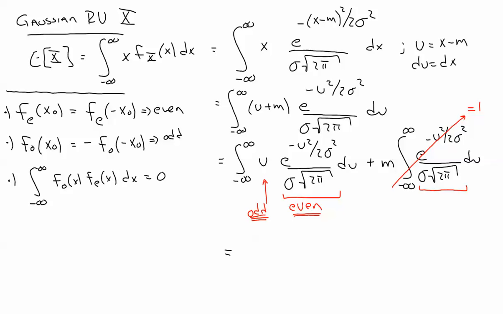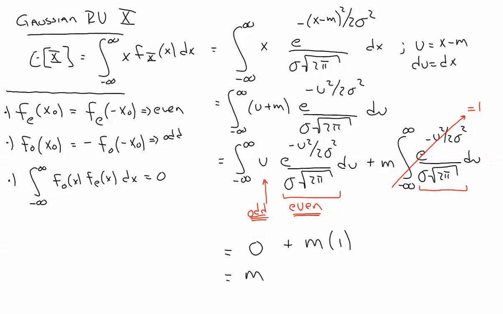So, proceeding, the first integral, because it's an integral of a product of an odd and even function, is exactly 0, plus m times 1, and that's just m. So on the previous page, we sort of reasoned out that the mean value of a Gaussian random variable was m, but we proved it now from first principles.